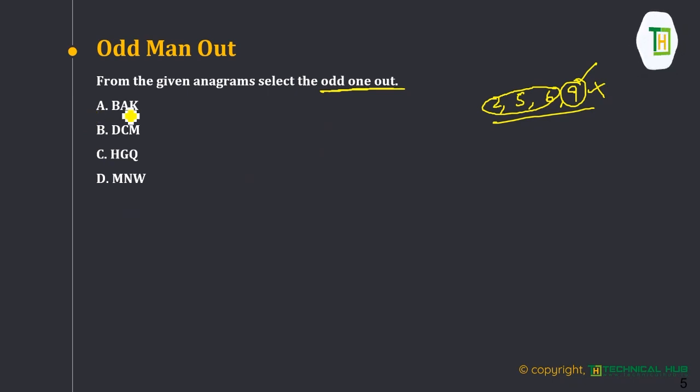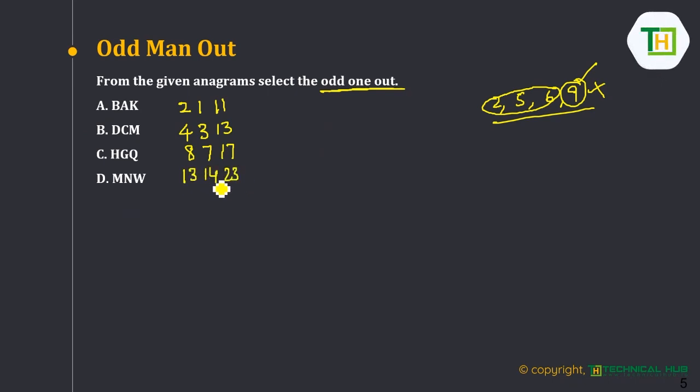So coming to here, B is the second letter, A is the first letter, K is the 11th letter, and D is fourth, C is third, and M is 13th. H is 8, G is 7, and Q is 17. M is 13 and N is 14 and W is 23.